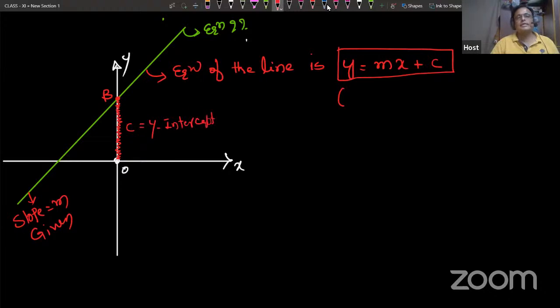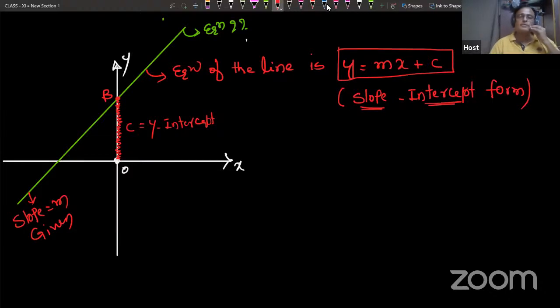That is the reason it is known as slope-intercept form. Whatever name you call it is the given data: slope-intercept means slope is given and intercept is given. So remember: y is equal to the given slope times x plus the given y-intercept.